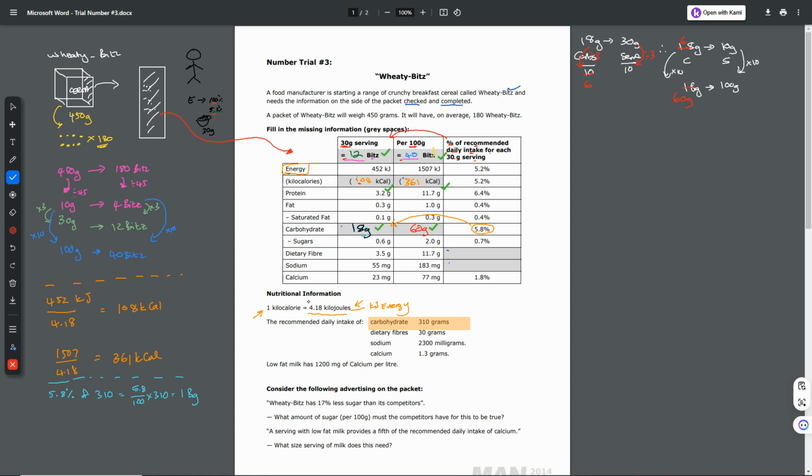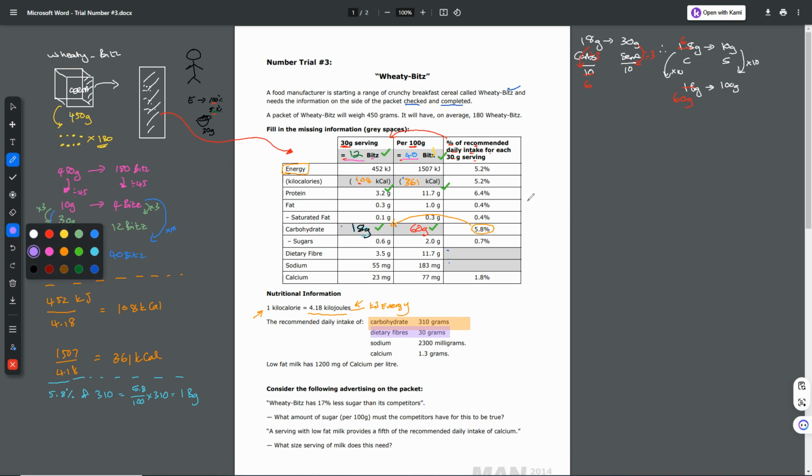Looking at dietary fiber. All right, dietary fiber, it says 3.5 grams and 11.7 grams. They want us to calculate the percentage of dietary fiber. The first thing we need to do is know what the total dietary fiber is to calculate a percentage of it. Now they're saying dietary fibers make up 30 grams.